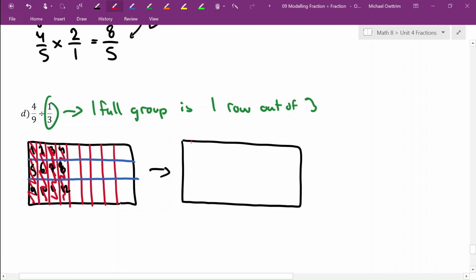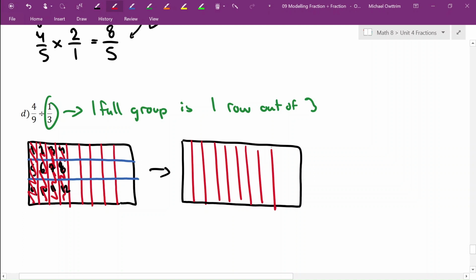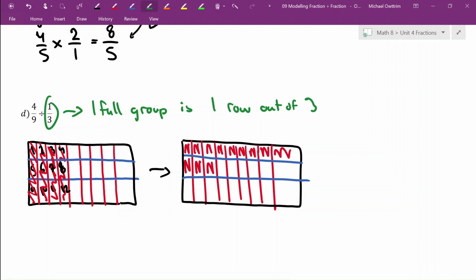So again, those are perfectly spaced. And let's go ahead and color in our 12 pieces. 1, 2, 3, 4, 5, 6, 7, 8, 9, 10, 11, 12 pieces. And we're told one row is one group. So we do have one full group.